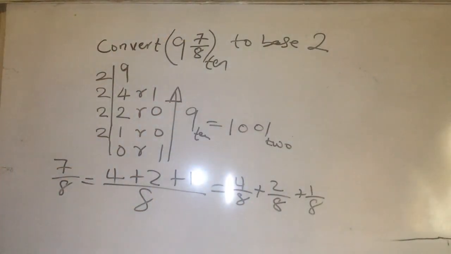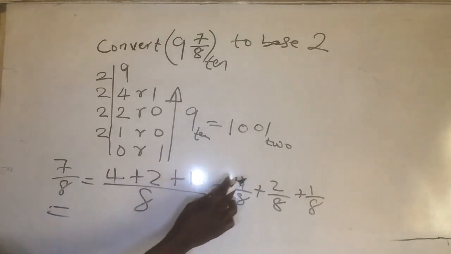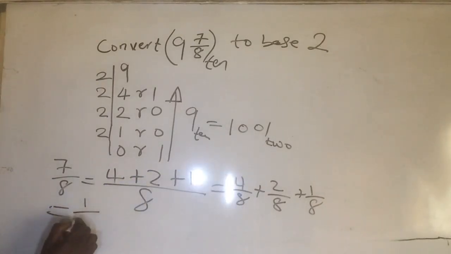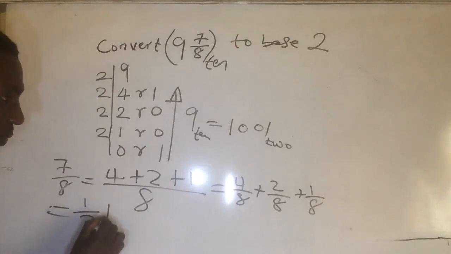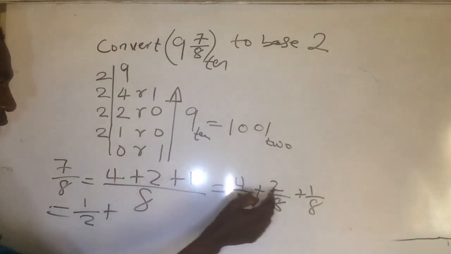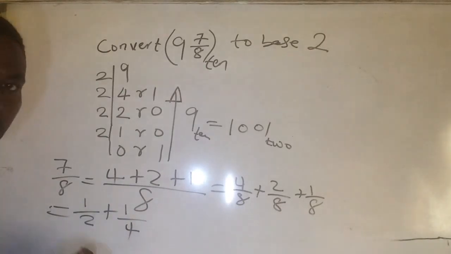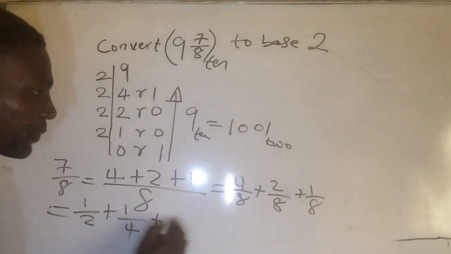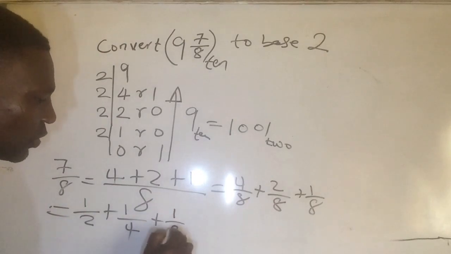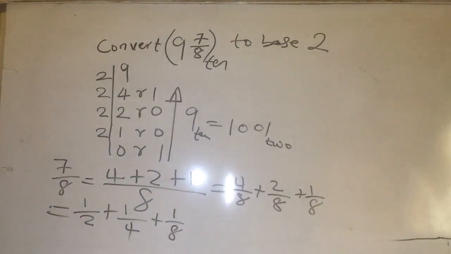So now look at it. When we say 4 over 8, 4 goes into 4 once and 4 goes into 8 twice, reducing it to the lowest term, 1/2. Plus here, 2 goes into 2 once, 2 goes into 8 four times, reducing it to the lowest term, 1/4. Remember, now we still see 1 over 8.